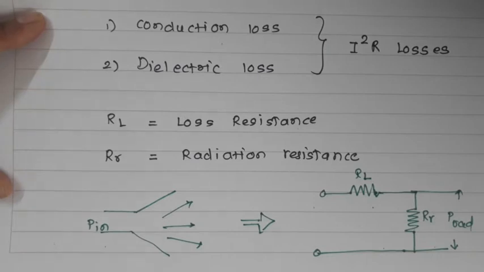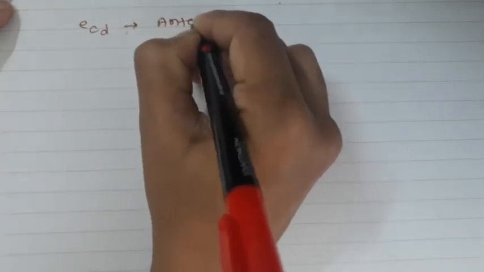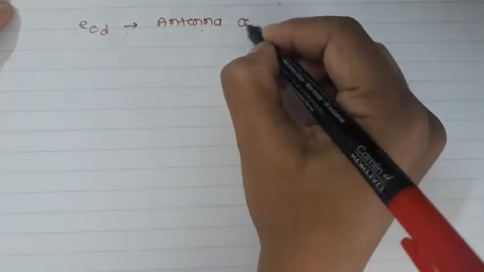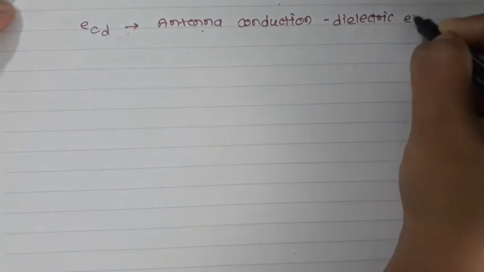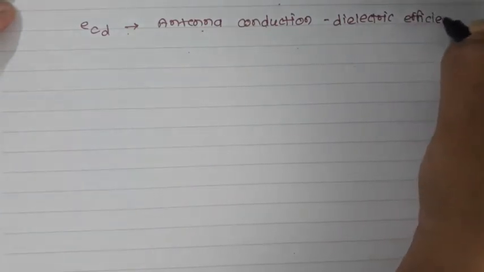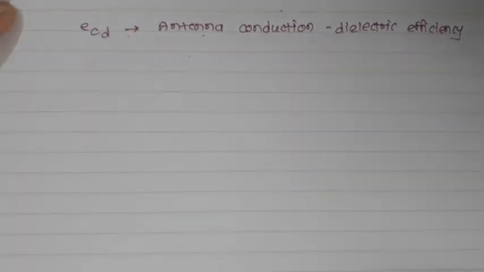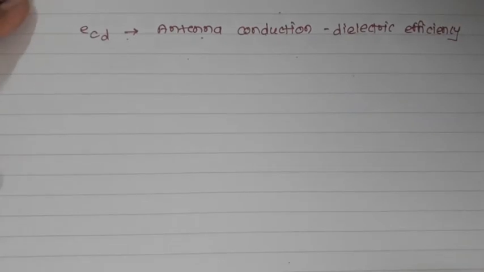Now the antenna radiation efficiency. As we are interested in calculating the antenna radiation efficiency, let us denote it with ECD. So ECD is the antenna conduction dielectric efficiency.